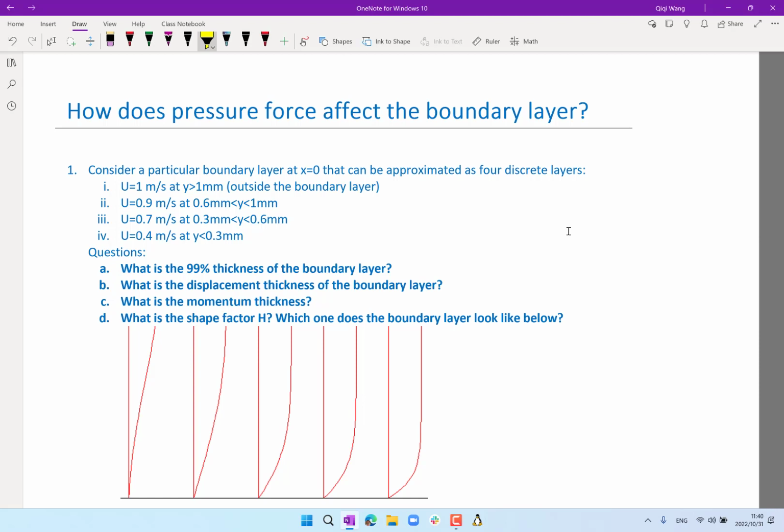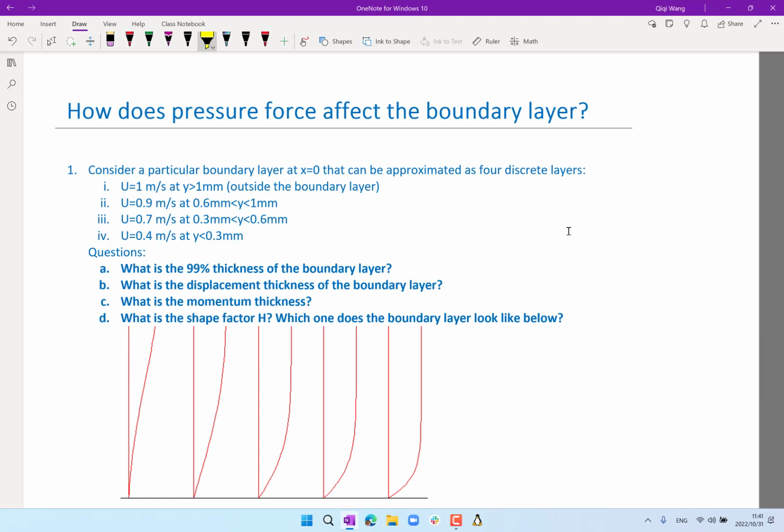And we just use 3 discrete layers to approximate how the boundary layer looks. So let's say 0.9, very close to the free stream velocity or edge velocity, when we are between 0.6 and 1 millimeters, and 70% of the edge velocity between 0.3 and 0.6 millimeters, and 40% of the edge velocity when y is less than 0.3 millimeters. All right, let's just think about it like that.